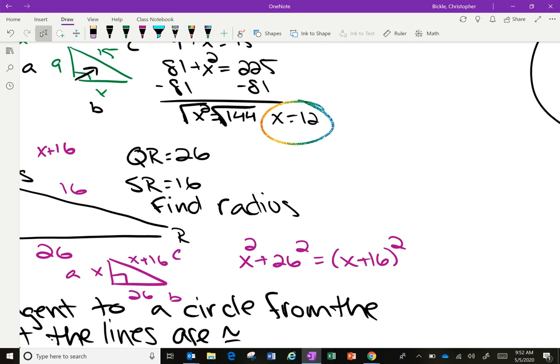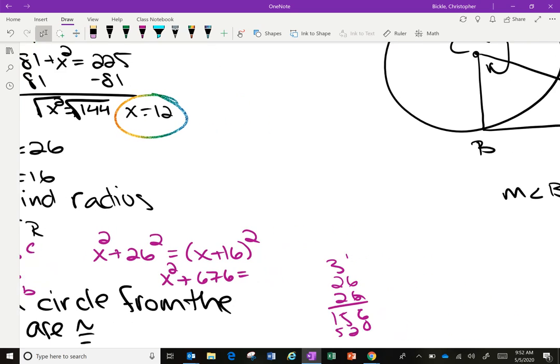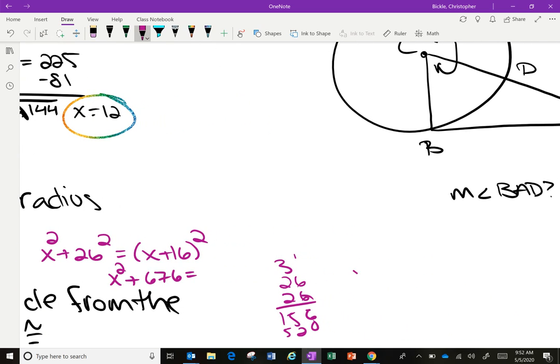So as we continue to work on the left, I've got x squared, 26 squared, 676. And when we multiply out that x plus 16, if you guys remember earlier this year, we used the distributive property twice.